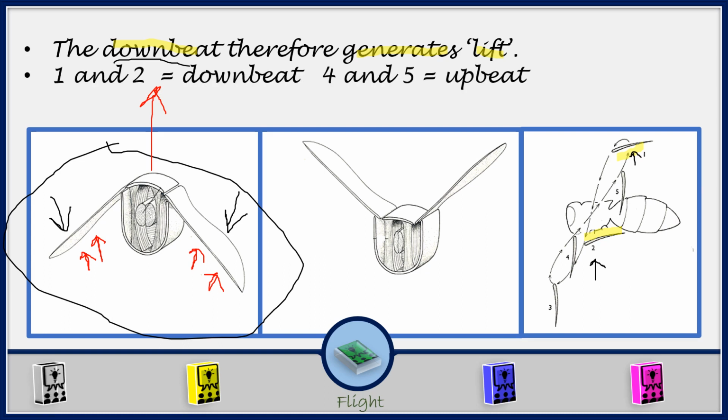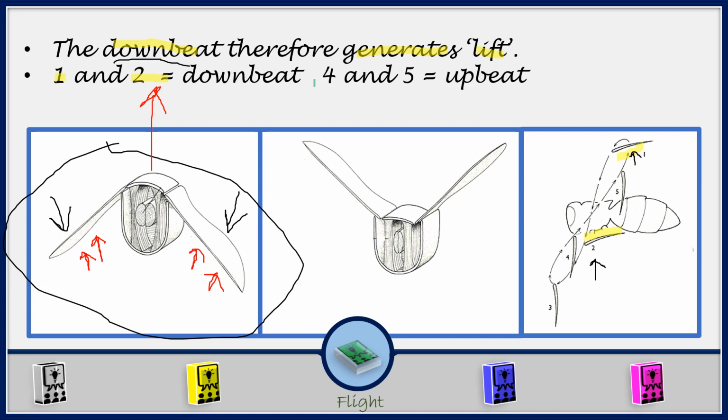So here we are saying that 1 and 2, therefore, is the downbeat. This is 1 here, 1 and 2, therefore a downbeat.